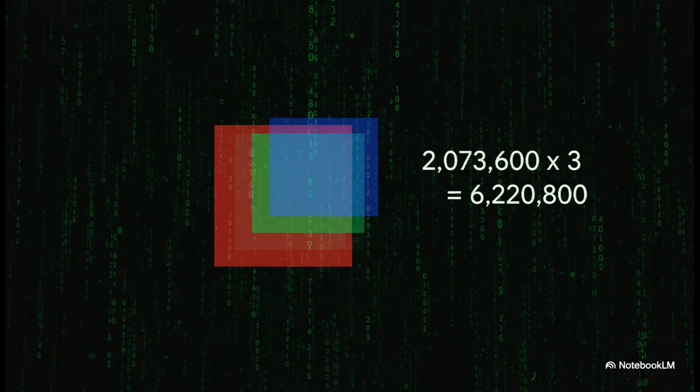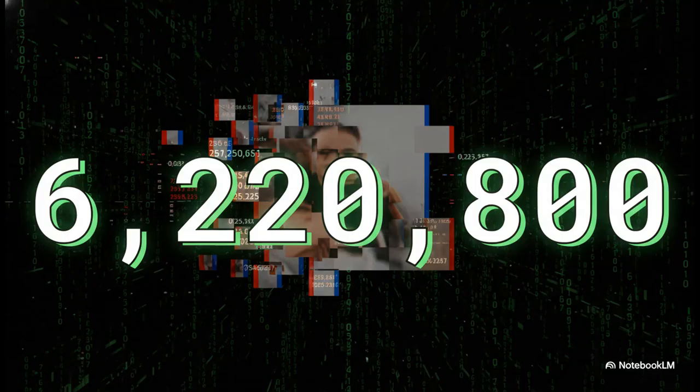But hang on, remember, each of those 2 million pixels isn't just one number. It's 3 numbers for red, green, and blue. So we have to take our 2 million pixels and multiply that by 3. And that gets us to this, just a staggering number. Over 6 million. 6,220,800 different numbers, all needed just to describe one single photo to a computer.